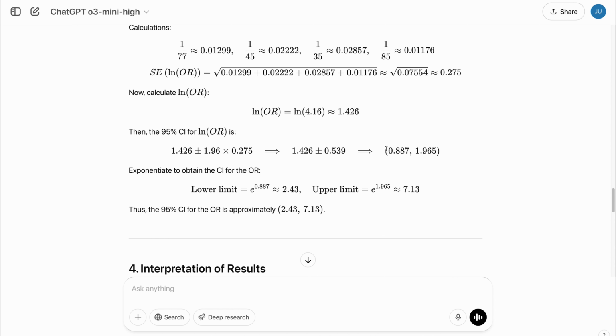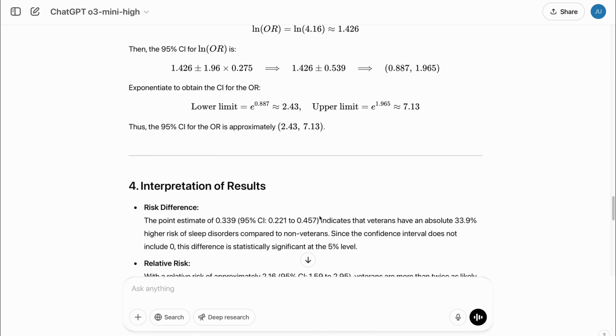And we get our two values there, but we have to remember to exponentiate those. So we see e to the power 0.887 and e to the power 1.975. So eventually we get our odds ratio interval of 2.43 to 7.13. That's 143% to 613% increase in the odds of a sleep disorder comparing the veterans to the non-veterans. So that is very good.